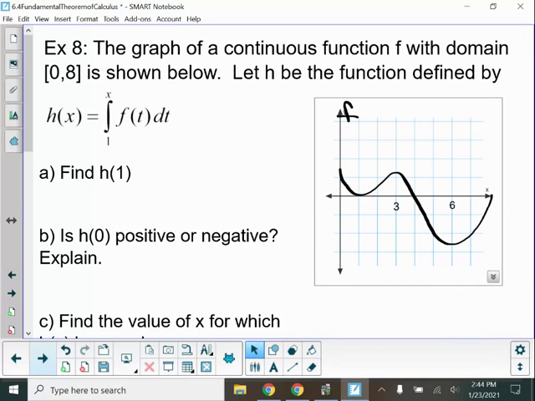So that brings us to example 8. The graph of a continuous function with domain 0 to 8 is shown below. Let h be the function defined by h of x is equal to the integral from 1 to x of f of t dt.